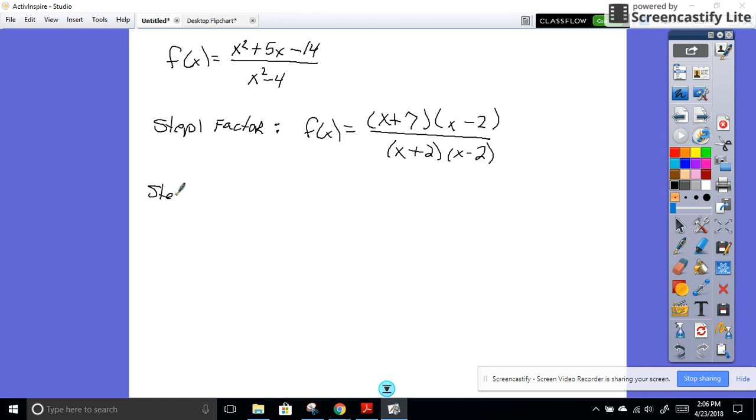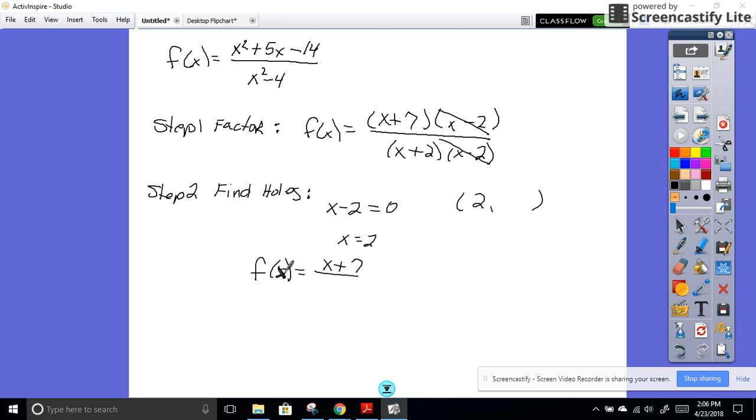Step 2 is to find holes. How do we find the holes? We take what's canceled out, x minus 2, and set it equal to 0. So we have a hole at 2 comma what? I don't know until I plug it in to what's left.